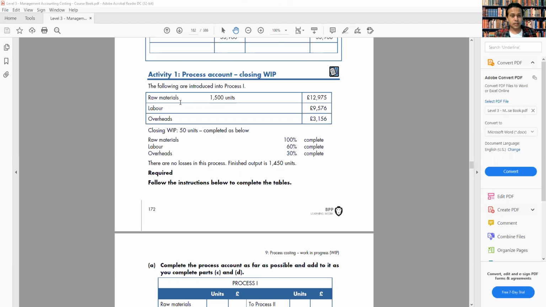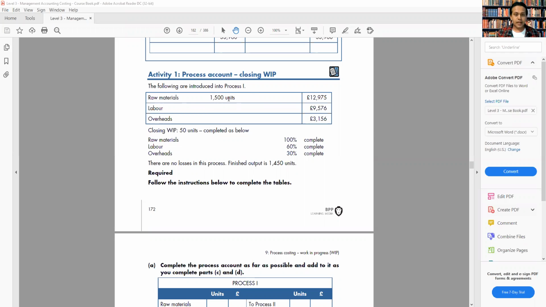Activity 1, process account, closing WIP. So closing work in progress. The following are introduced into process 1. Okay, we have a material, we have a labor, and we have overhead. So 1500 units is the material, that's the input.